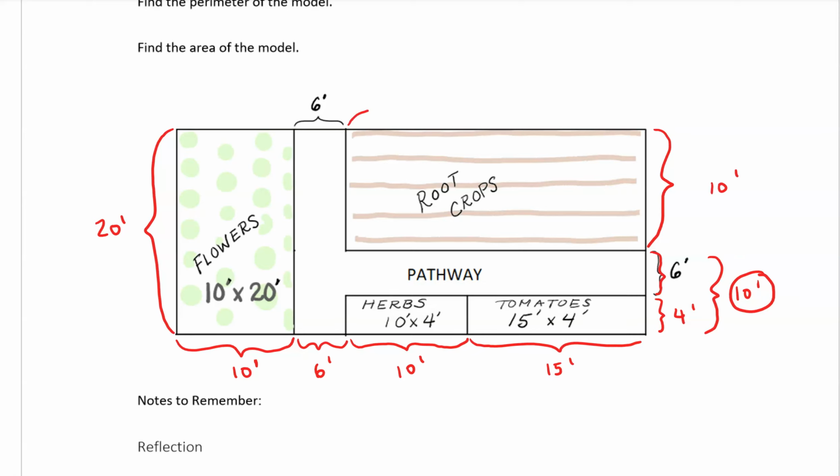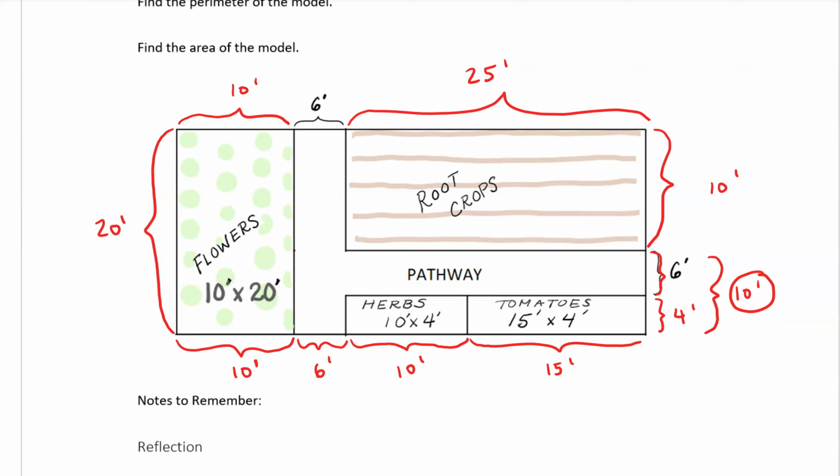And then from here to here, that is going to be the same length as the length of the herb plus the length of the tomatoes, which we know is 10 feet and 15 feet. So this length here will be 25 feet. And then lastly, the flower bed, we know that that's going to be 10 feet.